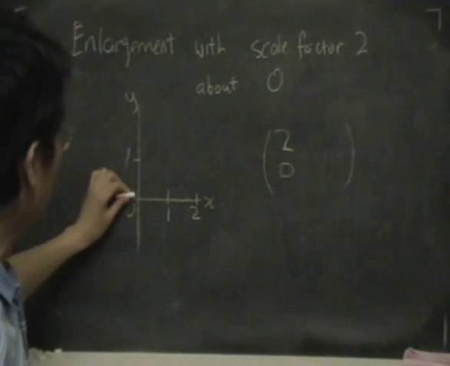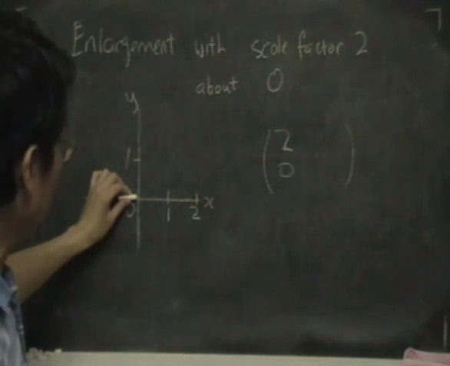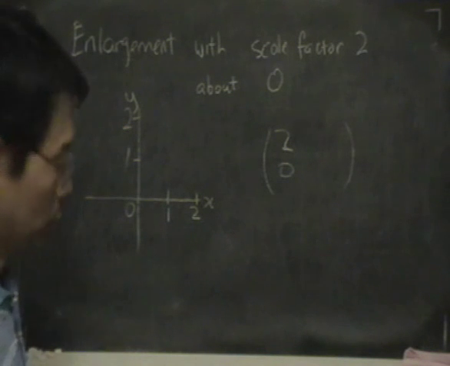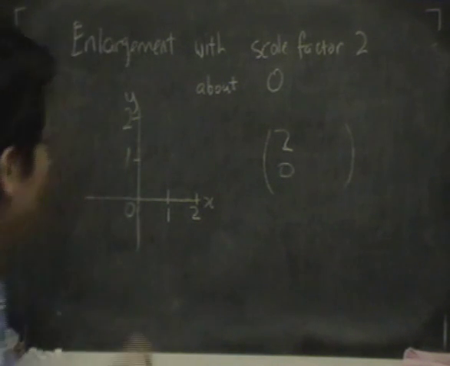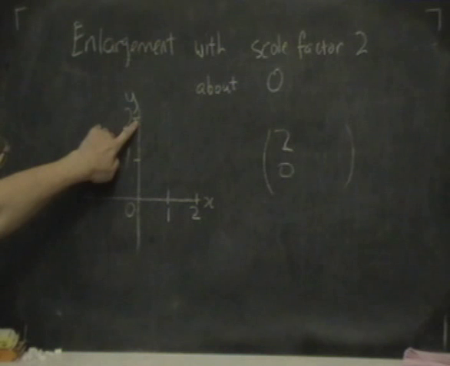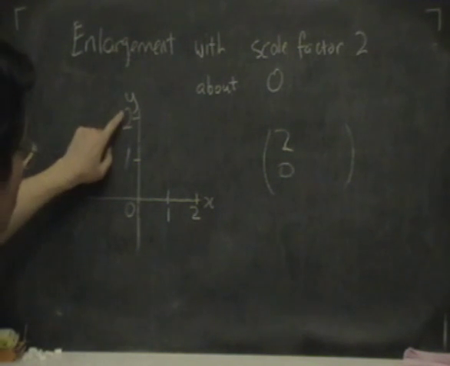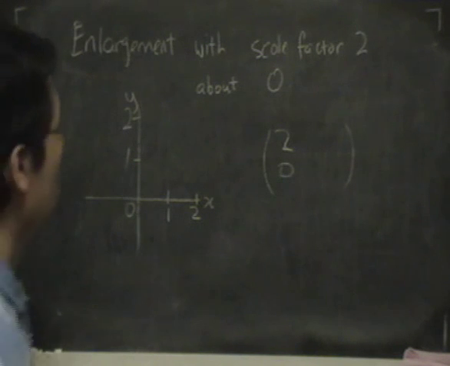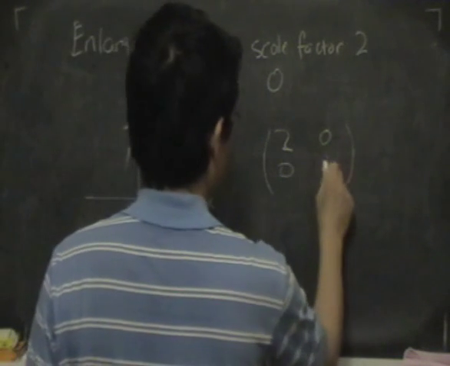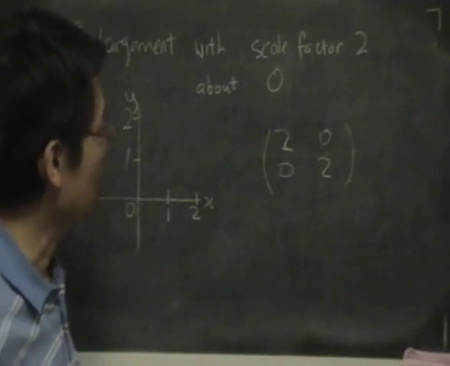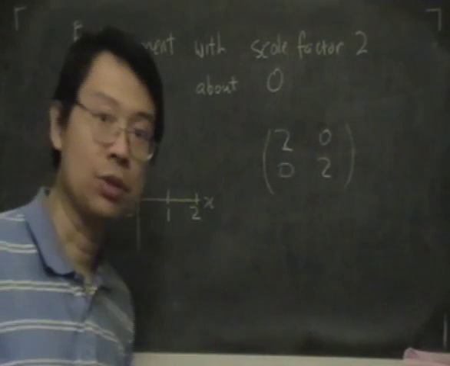The image point would be at a distance 2 from the origin. So that's my image point, this point there. The position is 0, 2, and this gives the next column. So there we have our answer, the enlargement matrix.